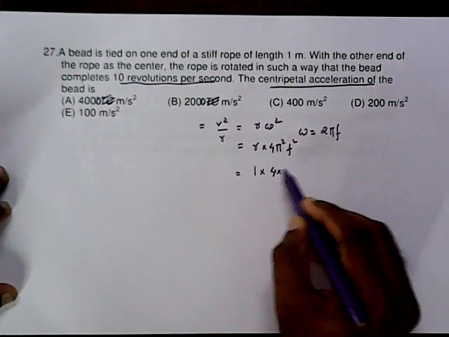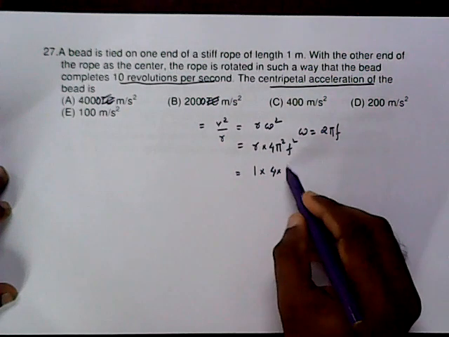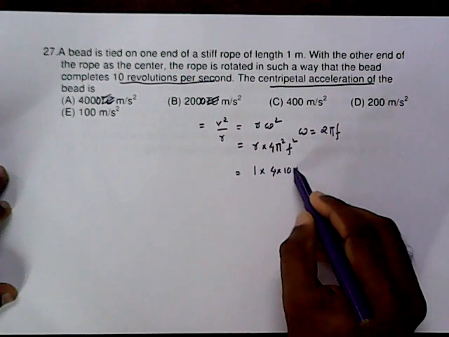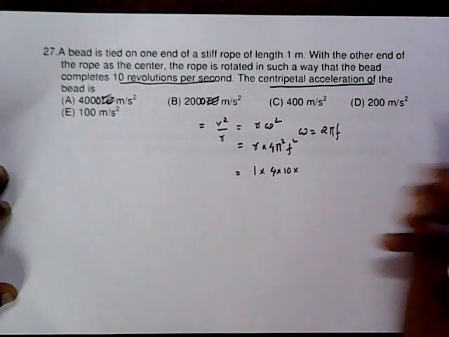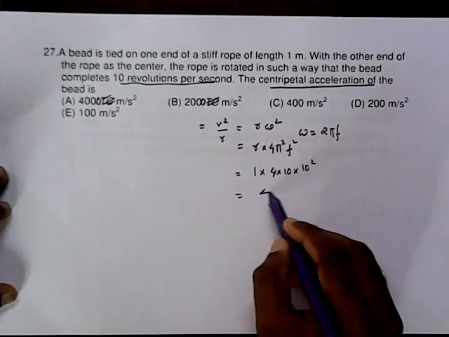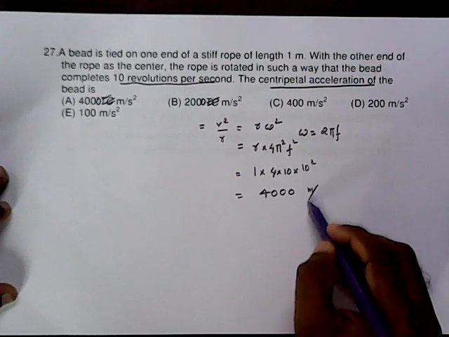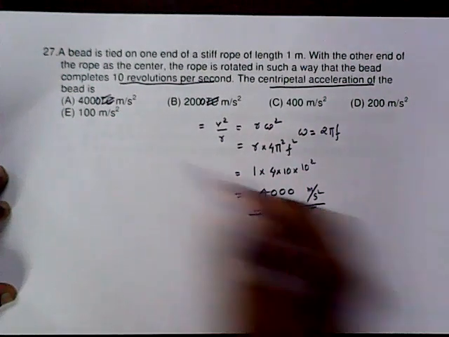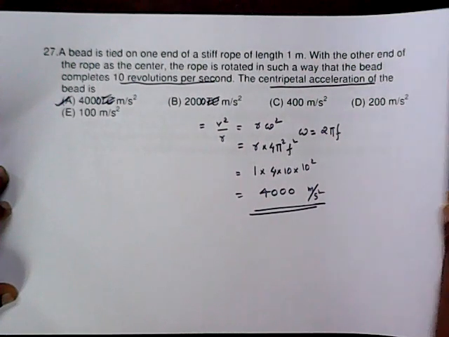So 4 into pi square, with pi as 3.14 square, we can roughly take the value as 10, into the frequency. What is the frequency here? Number of revolutions per second, 10. So 10 square. So you get the answer as 4,000 meter per second square. So A is the answer, 4,000 meter per second square.